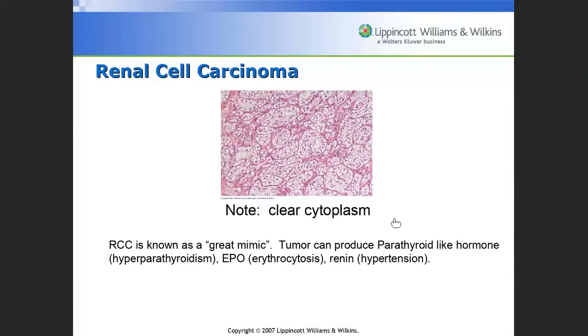Okay? What is surprising is that these cells produce PTH as well. Okay? So it is related to a paraneoplastic syndrome. Like remember the oat cell, small cell carcinoma in the lung, how that can put out ACTH, for example.